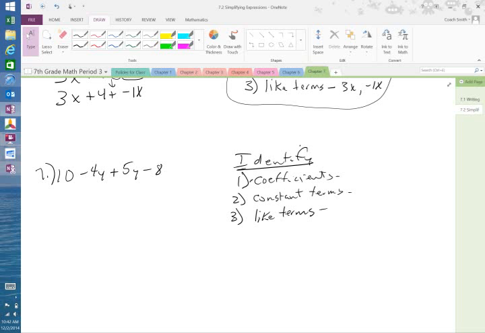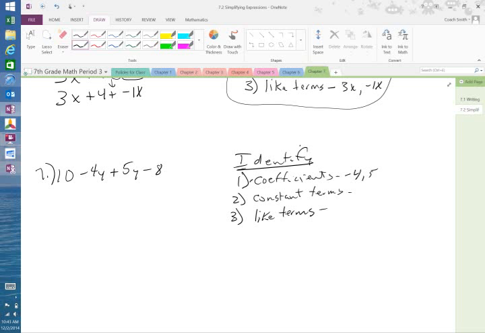Okay, that's correct in the sense of that's the correct terms, but don't include the y. So the actual coefficient is -4 and 5. Okay, so yes, those it's correct, but in this part, the coefficient is the number in front of that variable. So don't include the variable in your answer, but -4 and 5.